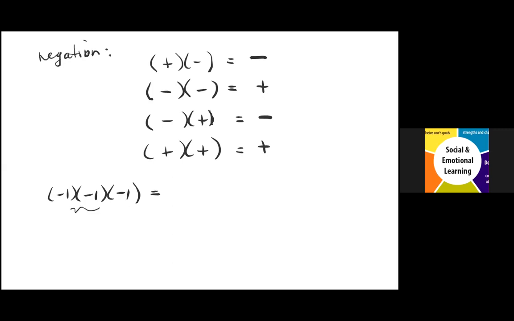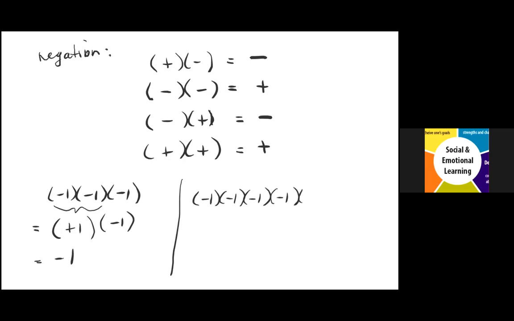We know we have these two first, so this is going to be a positive 1, because a negative 1 times a negative 1 is positive. And then we have the remaining negative 1 there. And then a positive 1 times a negative 1 we know is going to be a negative 1.